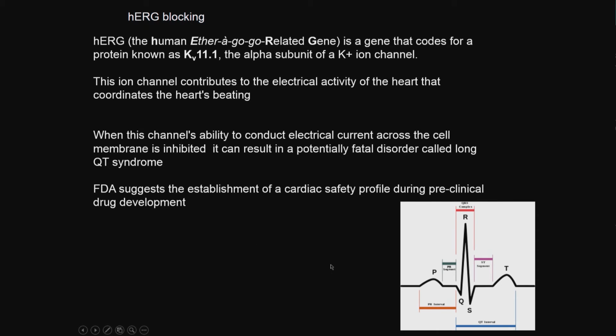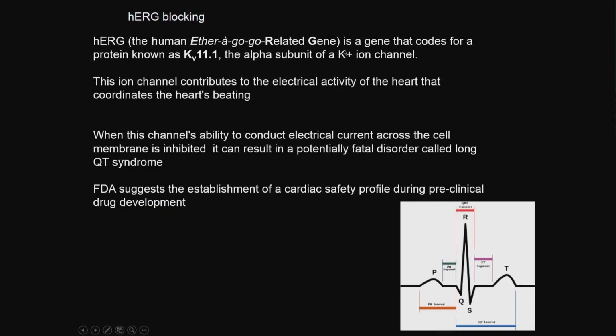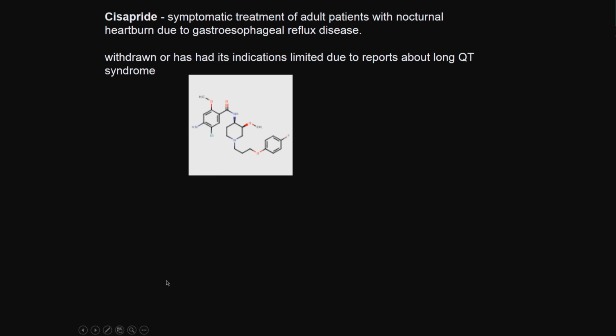You need to study whether your drug affects this pattern, especially the Q and T part of it. This is called the QT interval, this is called the PR segment, this is called the ST segment. Whether a drug affects this is what they need to see. So generally drugs are checked to see whether they affect this particular potassium channel and hence the QT part of the time.